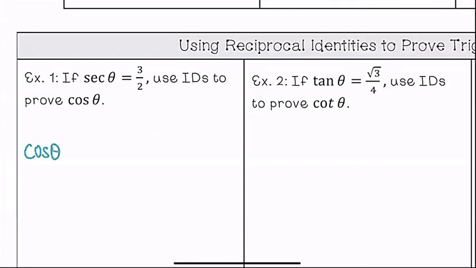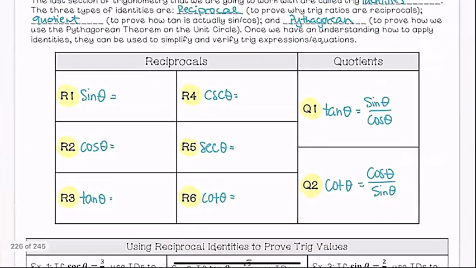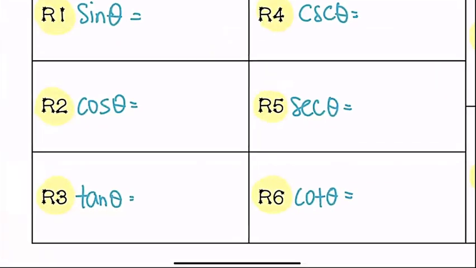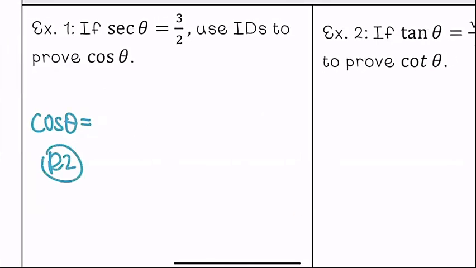So cosine of theta equals, I'm going to look up here for an identity that starts with cosine equals. There is one here at R2, and cosine equals the reciprocal of secant, so 1 over secant. So on our question here, the cosine per R2 is 1 over secant. And I happen to have secant here. It is 3 over 2.